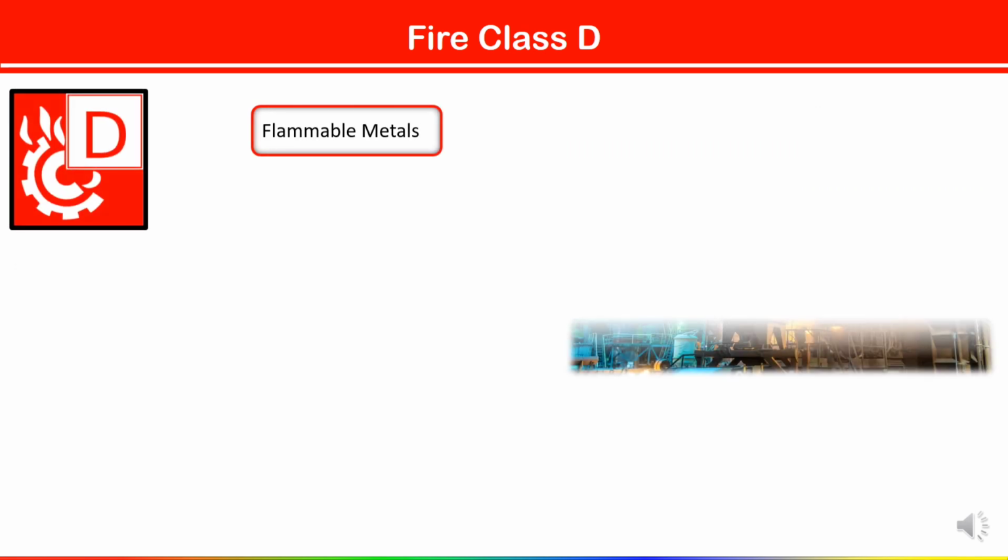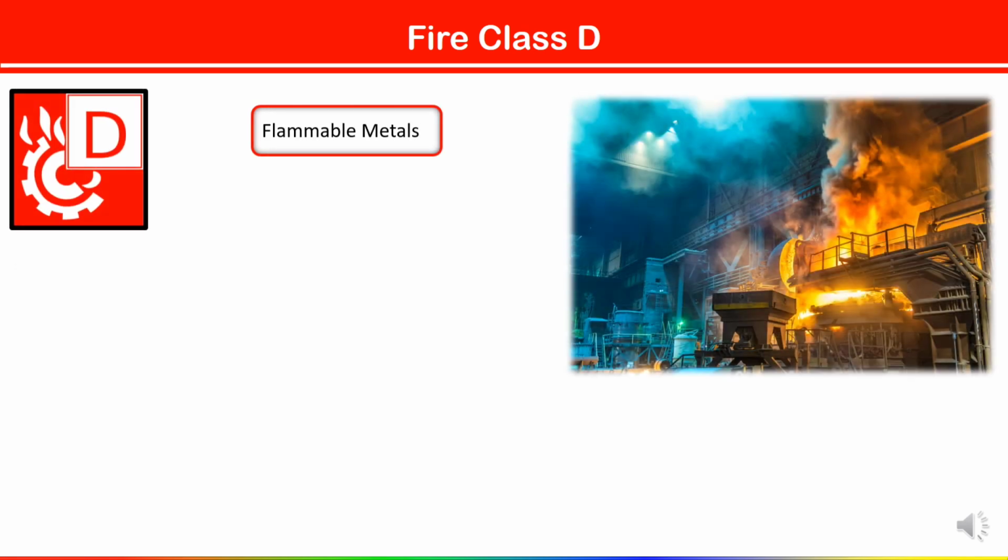Now the next one is the class D fire. So what is this? See, remember the class D fire involves combustible metal which can ignite and burn at extremely high temperature. So these fires are rare but particularly hazardous because they often burn more intensively than other classes of fire, and they can react violently if extinguished improperly.